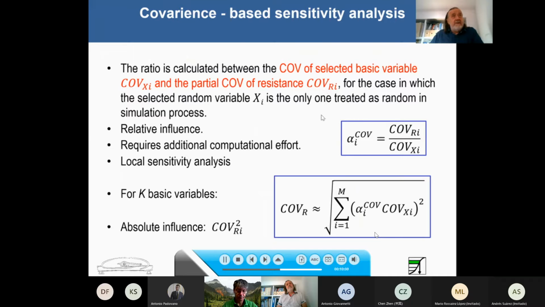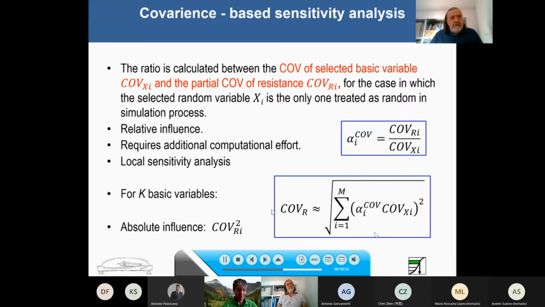But for the case that selected random variable xi is the only one treated as random simulation process, and other variables are kept at deterministic values. Then relative influence is just this ratio, right? And it requires additional computational effort because we have to treat every random variable individually.